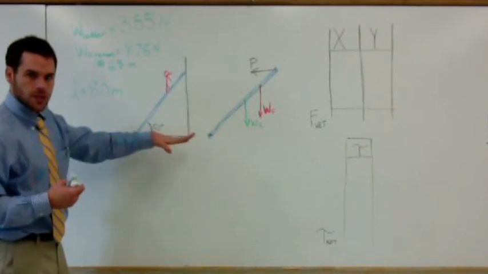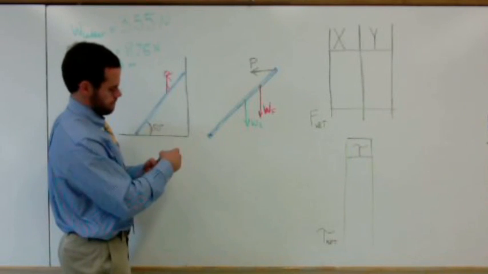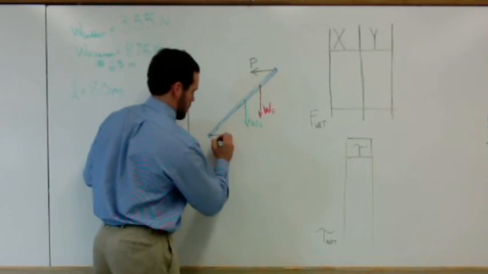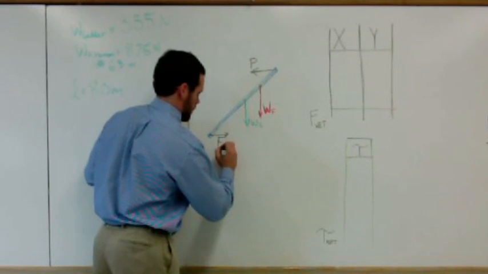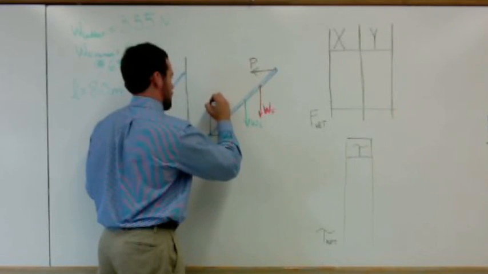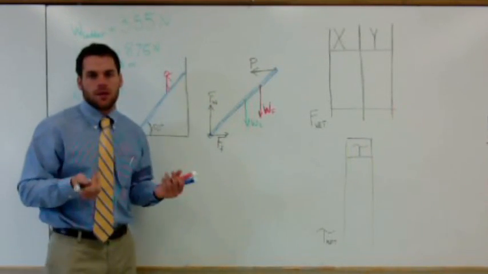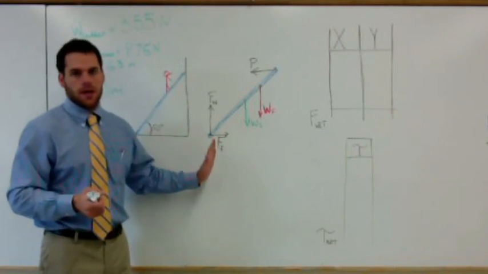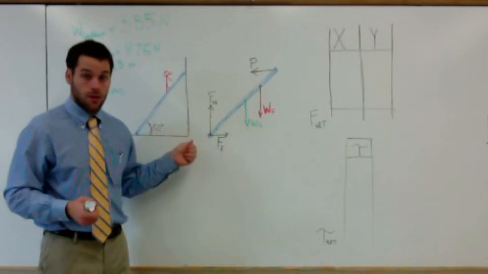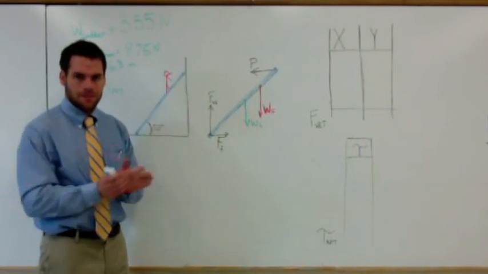So the force of friction is going to be acting in this direction. Another way to look at these is the force of the ground in the y direction and the x direction. I labeled them as the force of friction going horizontally and the normal force going up.